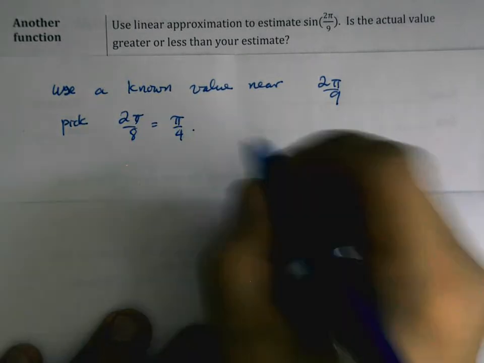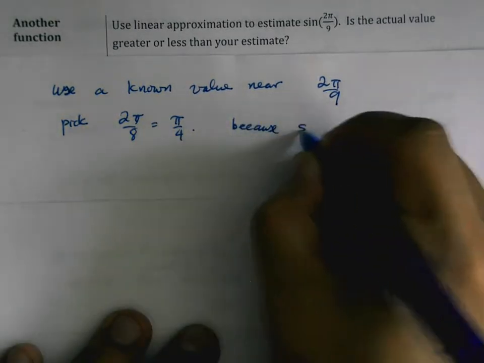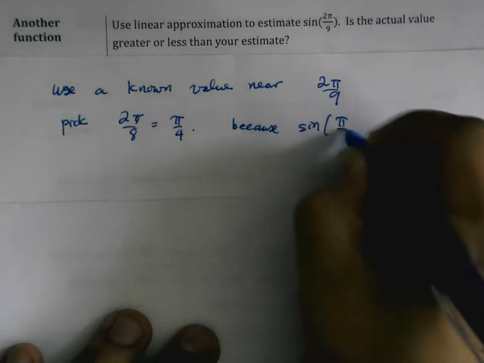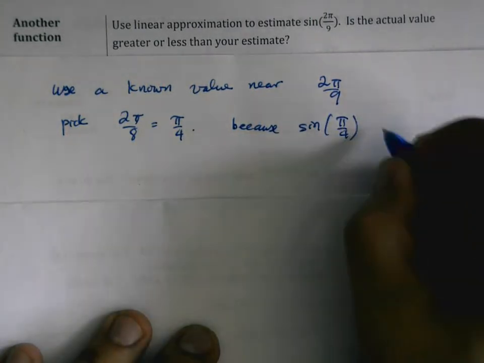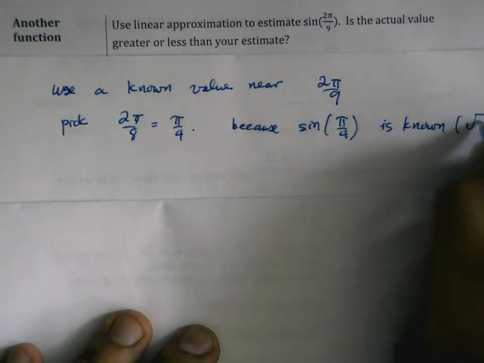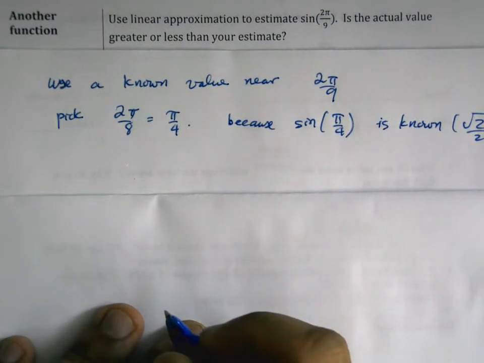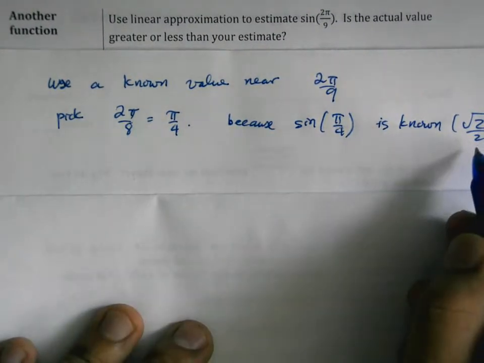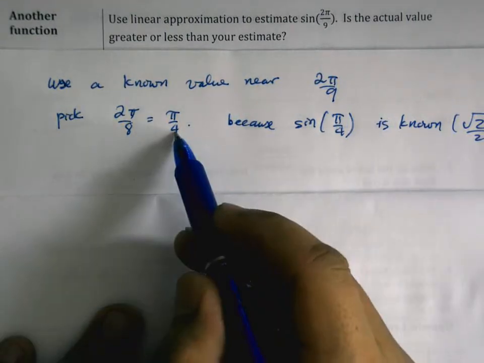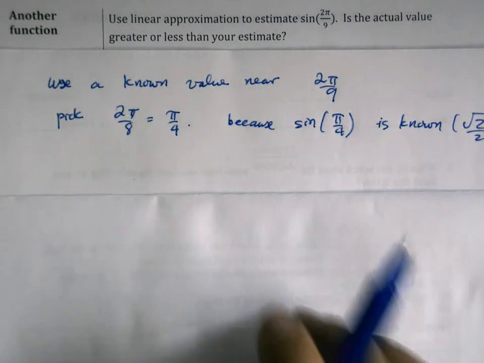Why? Because the answer for sine of pi over 4 is known. It's root 2 over 2. So that's why we're going to pick pi over 4 as our point to make an estimate for 2 pi over 9.